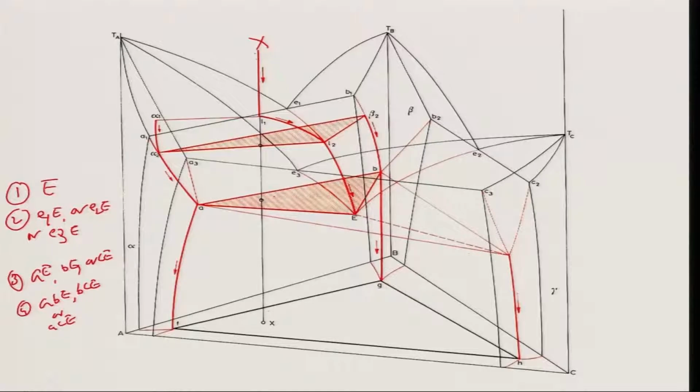As I cool down the alloy, things will start happening at point L1. Why? At L1, this alloy composition will touch the liquidus surface which is going down. It will touch there, and therefore, it will start crystallizing alpha of composition alpha 1, you can see here.